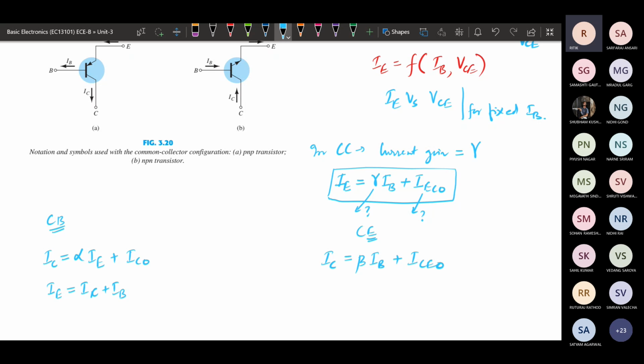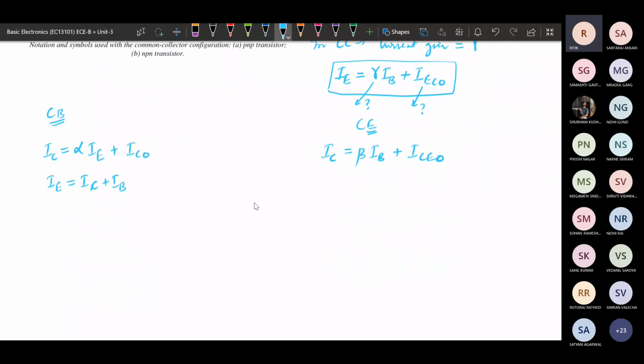So we need to find these two parameters. We can go with any of the previous configurations that we have gone through, common base and common emitter. Just go with the common base only. We need to derive this expression in this form, that means the IE, that is emitter current, in the form of base current. Whatever coefficient will be there, that will be your gamma function.